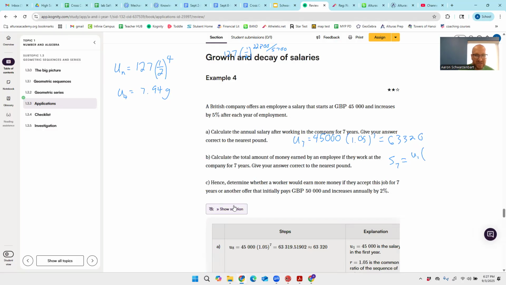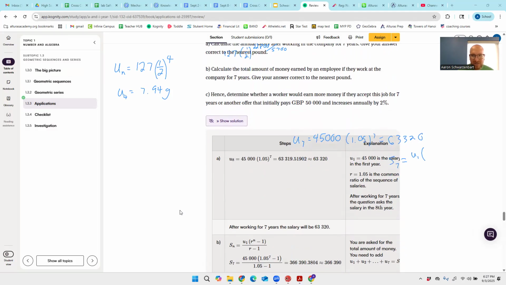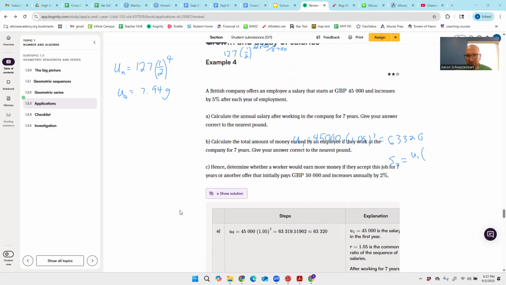Nope, they did the seventh. That's essentially your 8th year salary. But U sub 1, they are, yeah, they're not doing anything. Okay, they're not doing what I thought they were going to do. I think they've misphrased this.